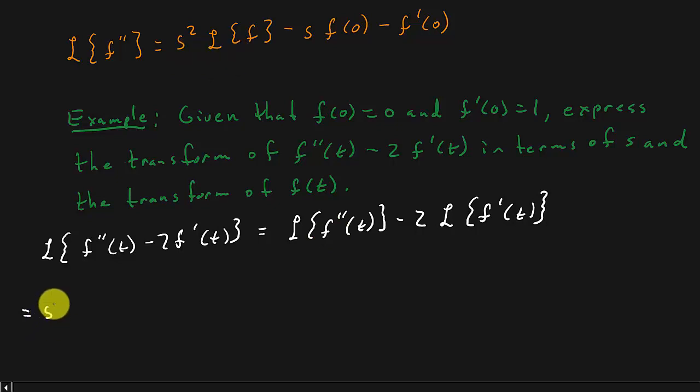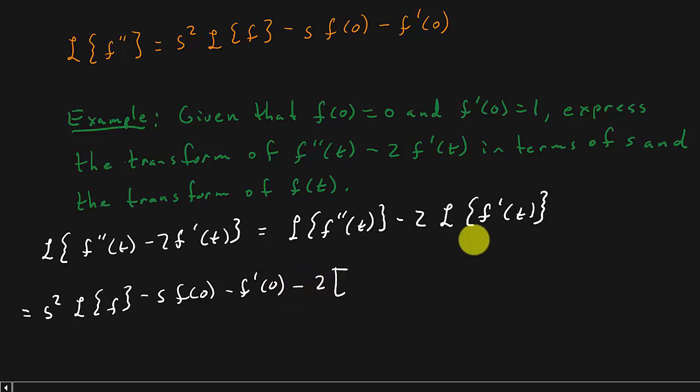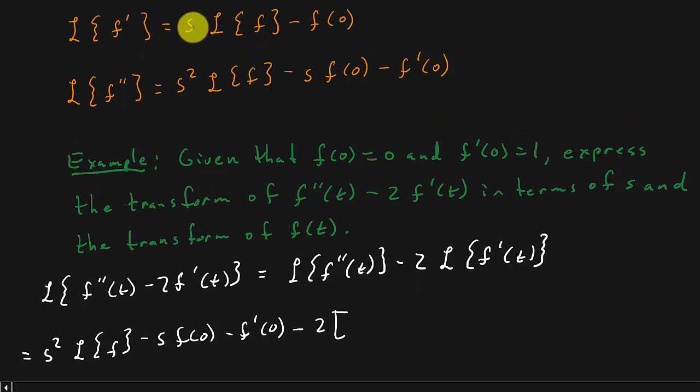That's s squared times the Laplace transform of f minus s times f of 0 minus f prime of 0 minus 2 times, now we got the Laplace transform of f prime, which is this up here.